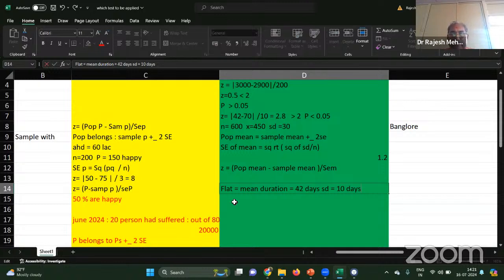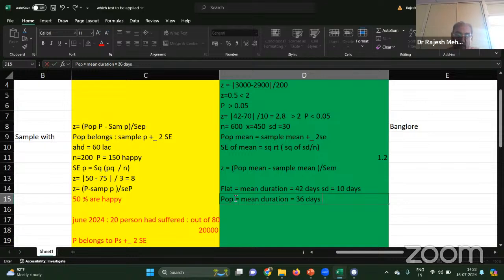And in this population of 20,000, the mean duration is 36 days.